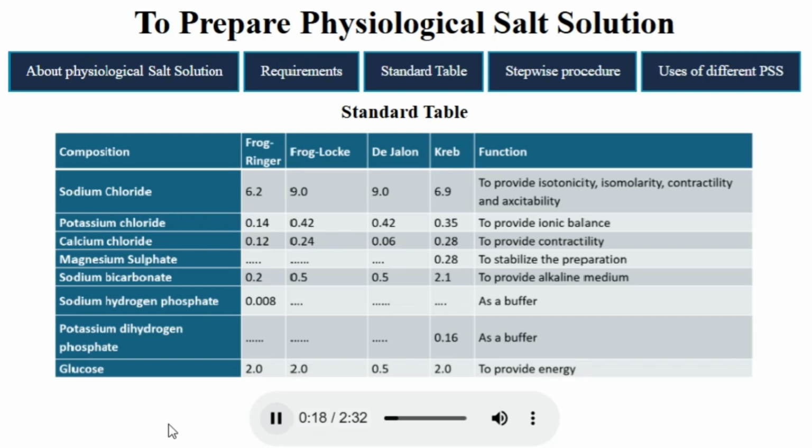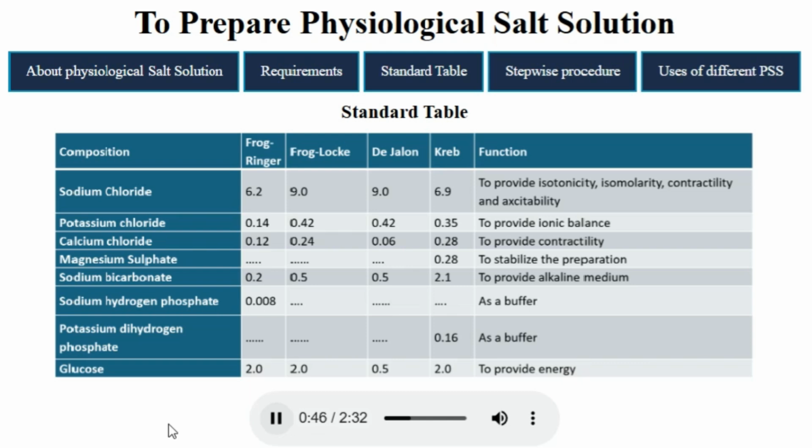Function: to provide isotonicity, isomolarity, contractility and excitability. Composition: potassium chloride. Frog Ringer 0.14. Frog Locke 0.42. De Jalon 0.42. Krebs 0.35. Function: to provide ionic balance.